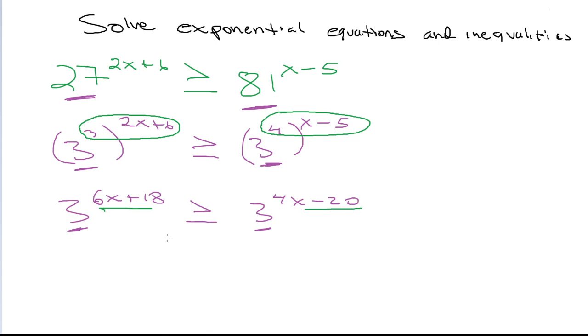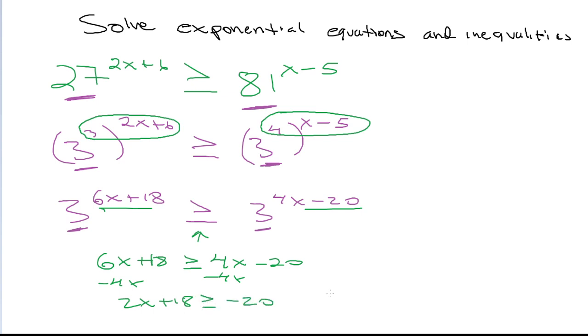These two exponents, we can say 6x plus 18 is more than or equal to 4x minus 20. Don't forget it's an 18, not an 8. So combine like terms, minus 4x on both sides. We get 2x plus 18 is more than or equal to negative 20.